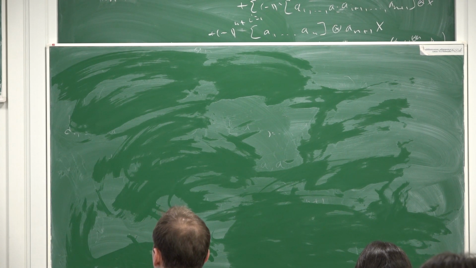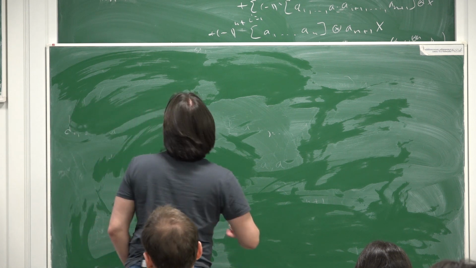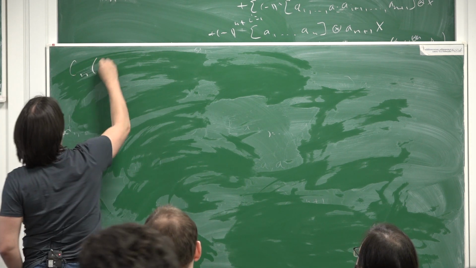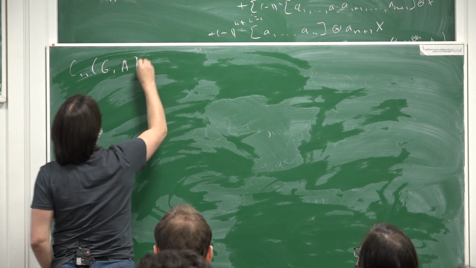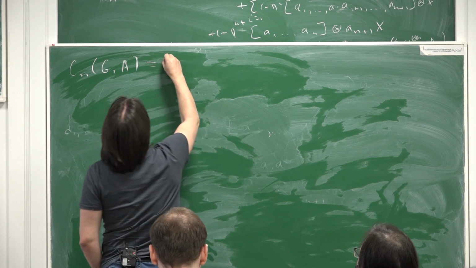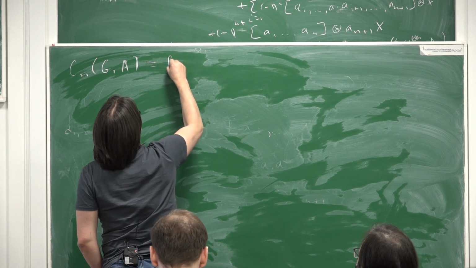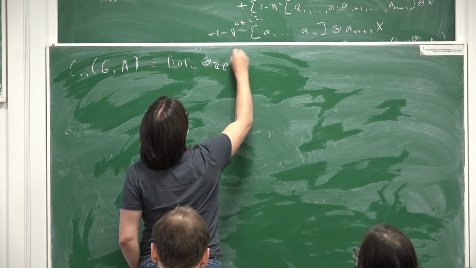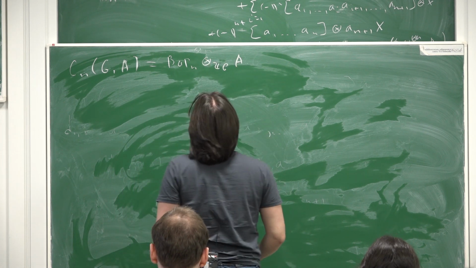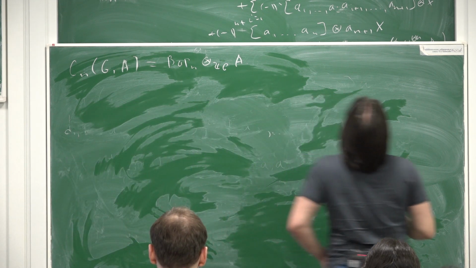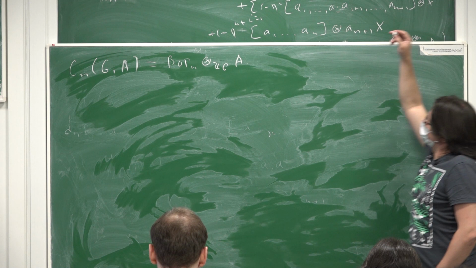From here on, we also will use the following notation. We will denote by Cn(G, A) the elements of bar n tensor over ZG with A, usually written via this isomorphism.